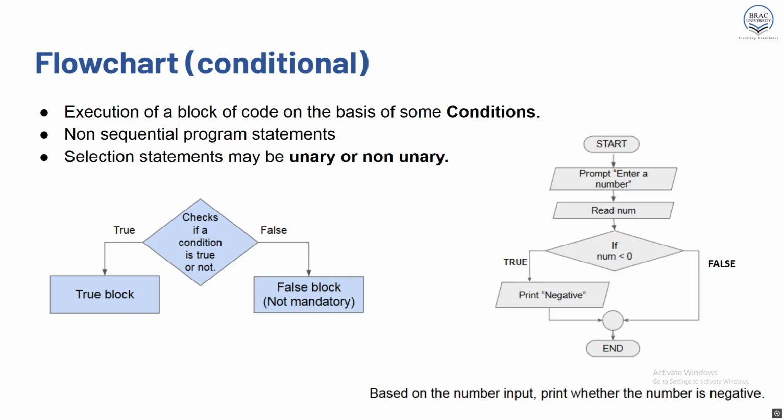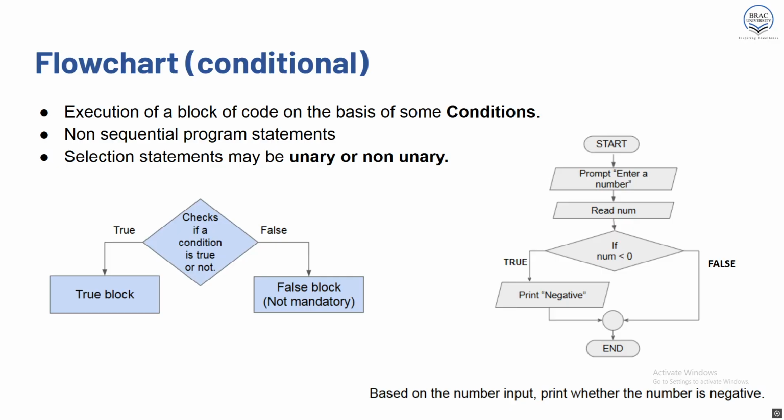The flowchart will start and ask the user to enter a number. Let's say the user gives -7. So, the -7 is stored in the num variable. Next, we are checking in the condition box if the number inside the num variable is less than 0 or not.